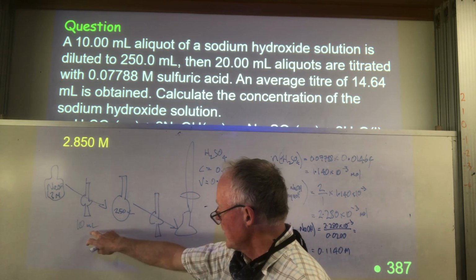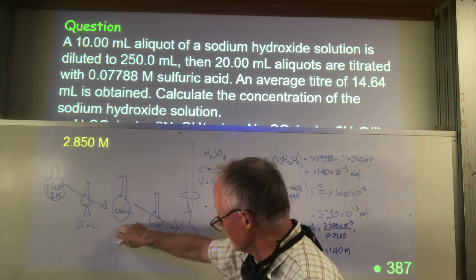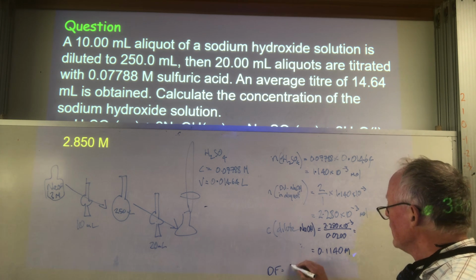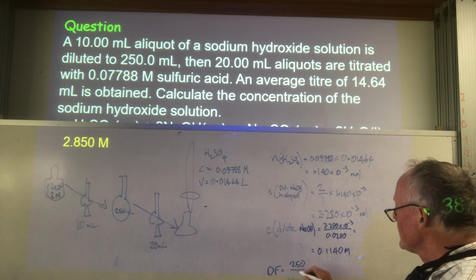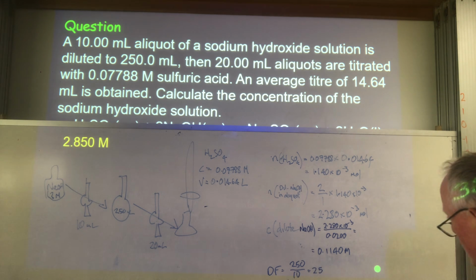Well, the dilution that we did was 10 mils was diluted to 250 mils. So our dilution factor equals 250 over 10, which is 25.